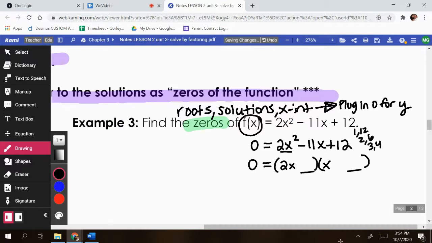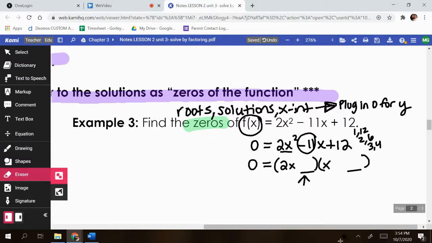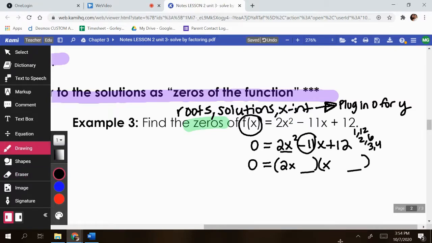What combination of those could get me to a negative 11 in the middle? Well, I might have to do some guess and check work here. I know I can't have anything that's divisible by 2 in that first blank because then there'd be a GCF, and I know from looking at the original equation that there was no GCF. So I can't use 2 or 6. I wouldn't want to put the 4 in that blank, but maybe we could put the 3 in that blank.